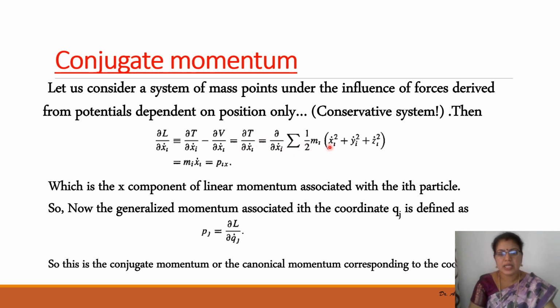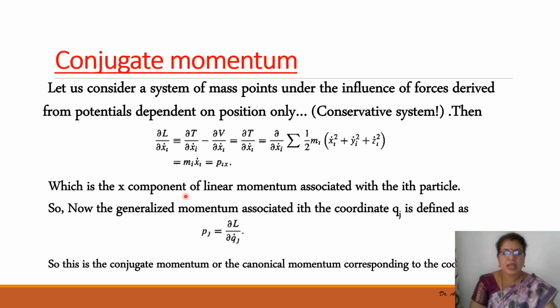we know what is kinetic energy, it is half m v square. For v square we write x dot square plus y dot square plus z dot square. So dou by dou x dot of this would result in m into 2 x dot, the 2 will get cancelled. So it will be m into x dot, which is nothing but the momentum.